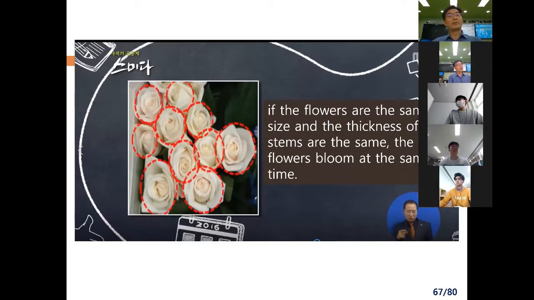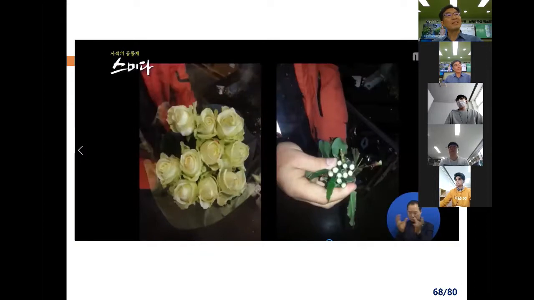This is based on an analysis by agricultural scholars. In other words, if the flowers are the same size and the thickness of the stem are the same, then the flowers bloom at the same time. This is the result of the classification of flowers by the 8 indicators mentioned above. As you can see, the flowers are the same size and stem thickness are the same.